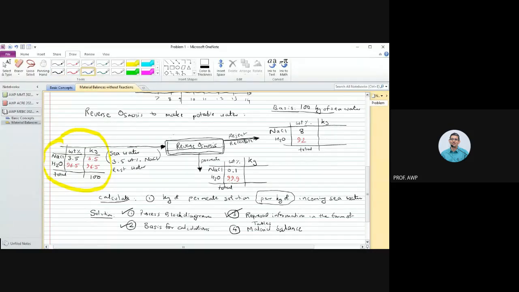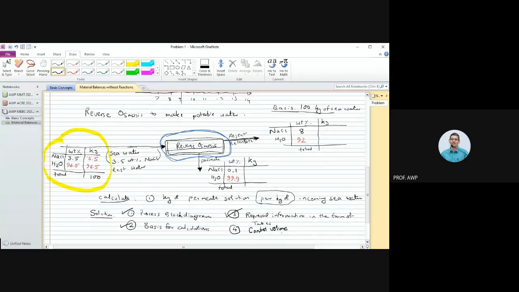We are going to do material balance across this block, right? So we are going to do material balance around this block, and this blue thing that we have drawn around that block, we are going to call as control volume.